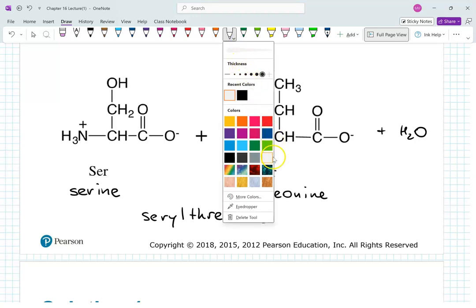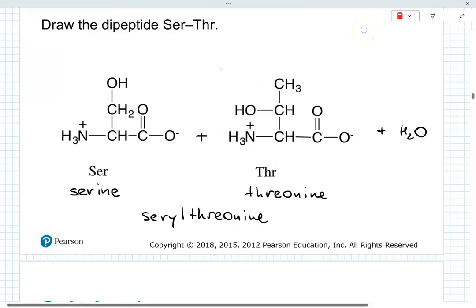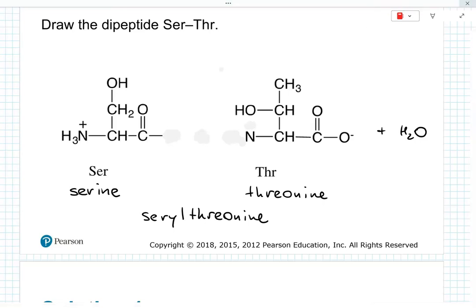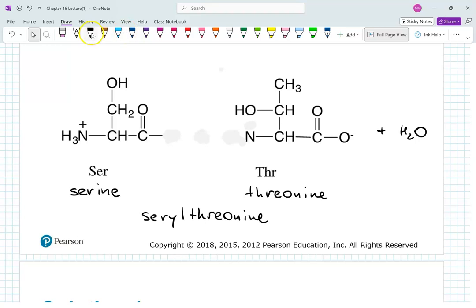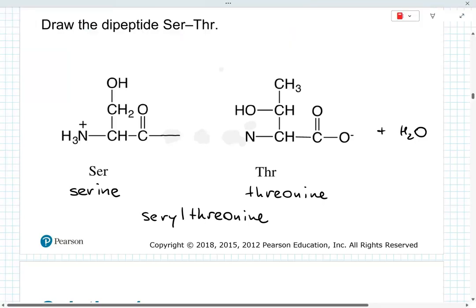Apparently it's gray. I don't really care. So this is gone. This is gone. We're going to remove this, and we're going to add the peptide bond and the hydrogen.